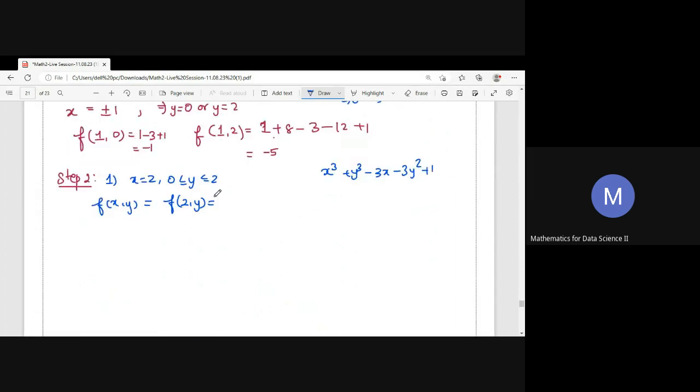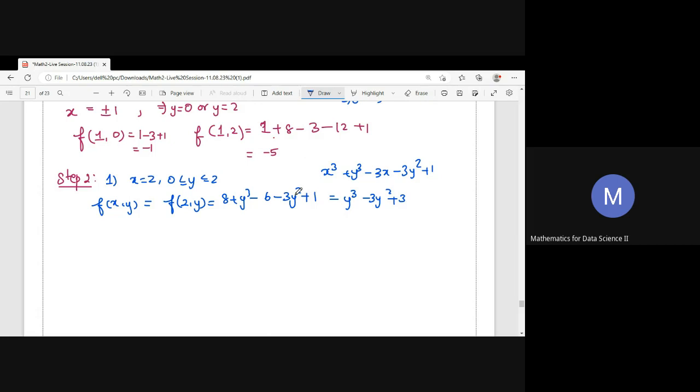Now for this function, f of 2 comma y is 8 plus y cube minus 6 minus 3y squared plus 1, which is y cube minus 3y squared plus 3.